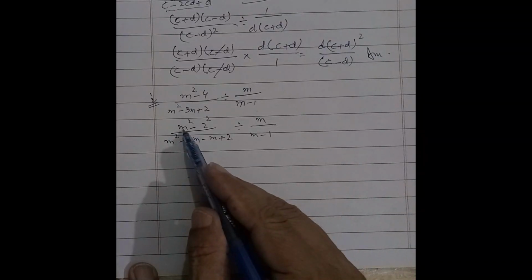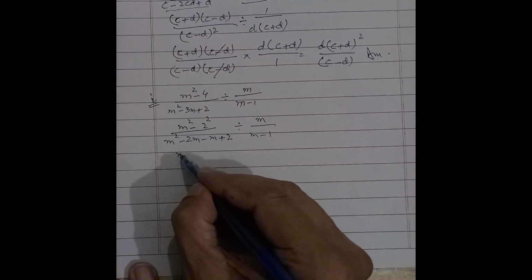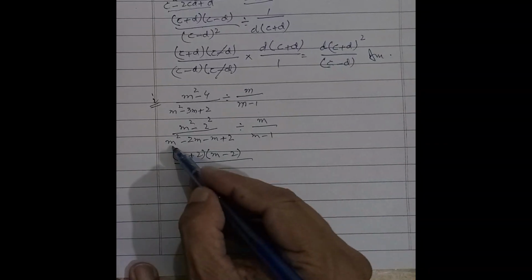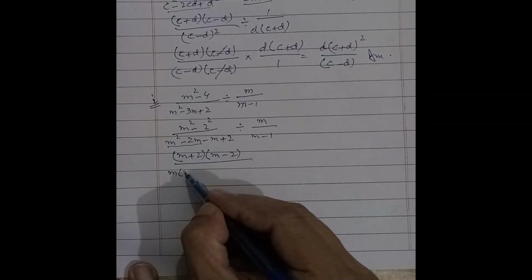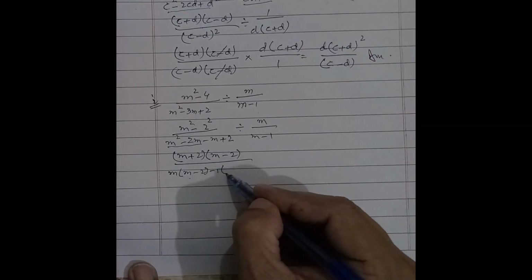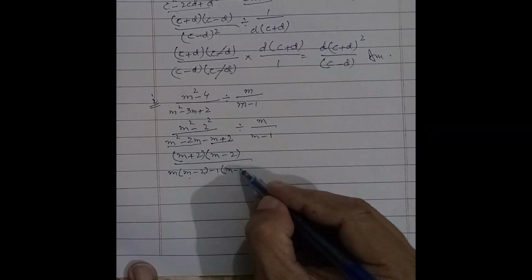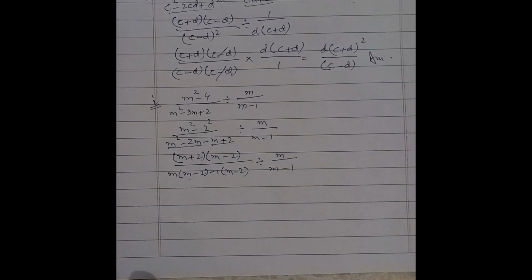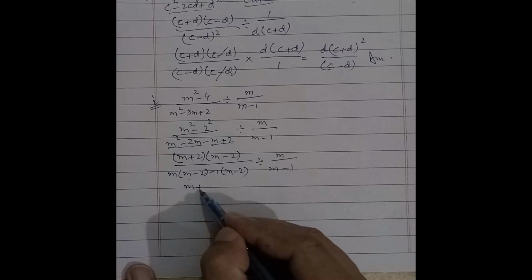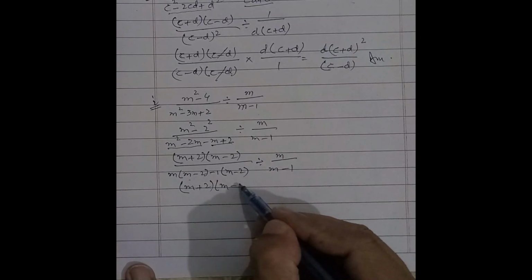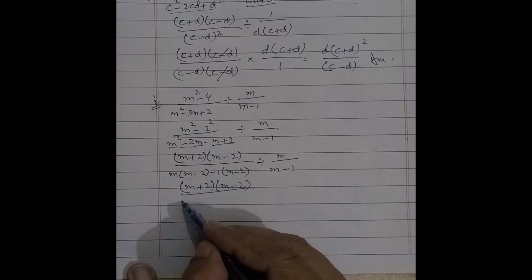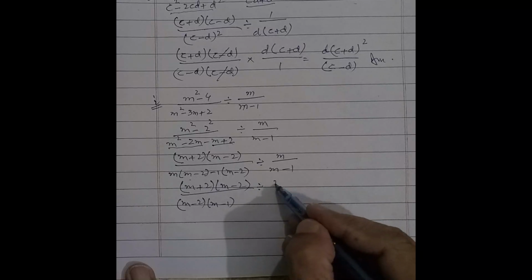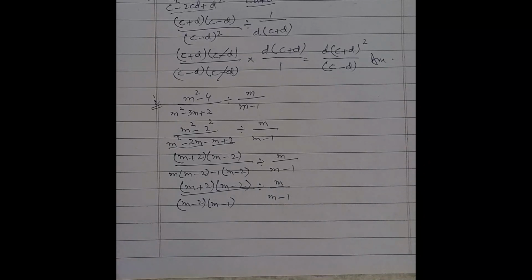Simplify the values. It is a² minus b². The answer is (a plus b)(a minus b) over, take common m, remaining is m minus 2 minus 1, and m minus 2, divided by m over m minus 1. Further, we solve it. (m plus 2)(m minus 2) over (m minus 2)(m minus 1), divided by m over m minus 1.